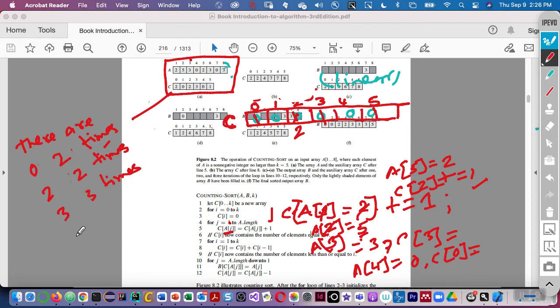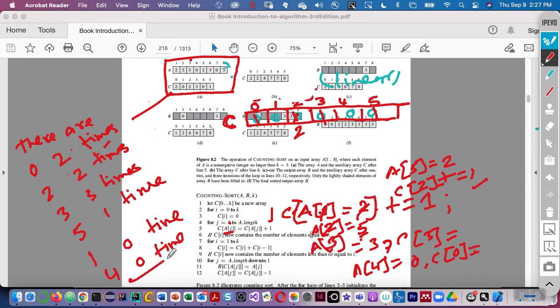And then 5, 1 time. And the other numbers, the missing numbers 1 and 4, we don't need these. 1 has 0 times, and 4 has 0 times.